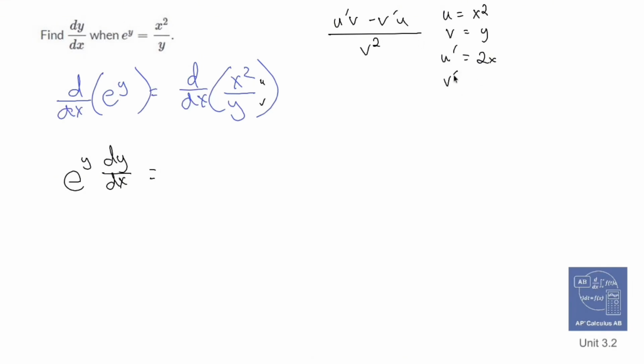The derivative of v is v prime, the derivative of y, which is 1 with respect to x, so you attach dy dx. So really that 1 is not necessary, it's just dy dx. v squared is going to be y squared.